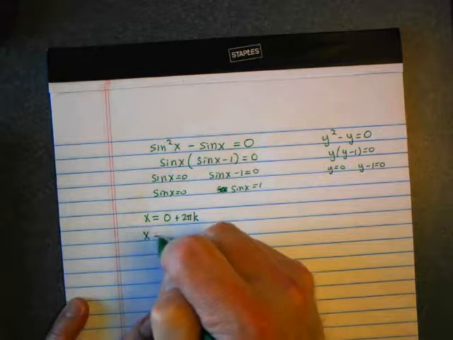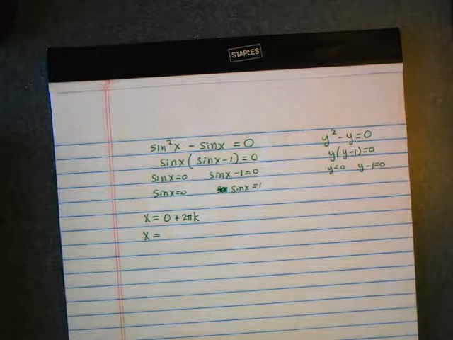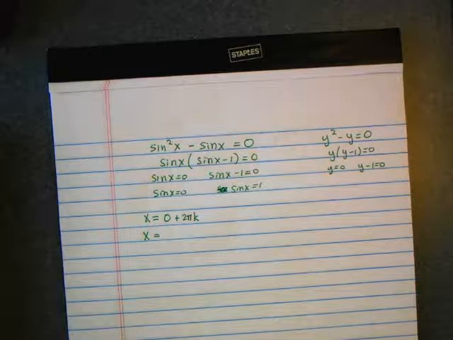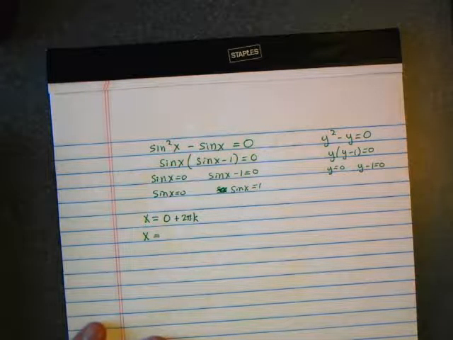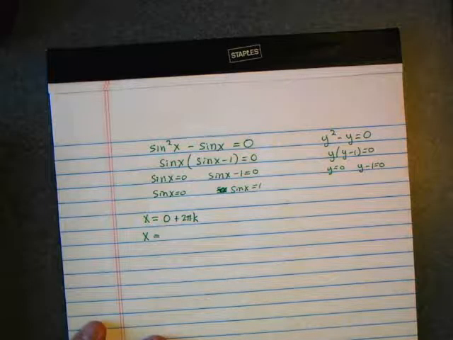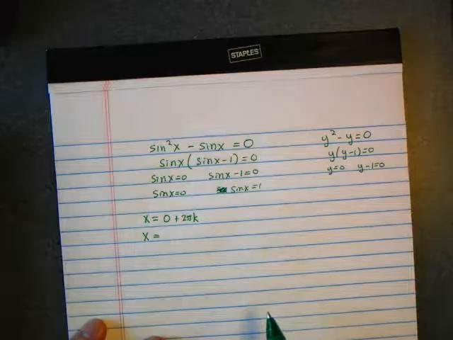Or when else does sine equal 0? 2 pi is a correct answer, but that's already covered here. 0 plus 2 pi would be 2 pi. It's the opposite side, so 180 degrees. Put it in radians, please. Pi, just pi.